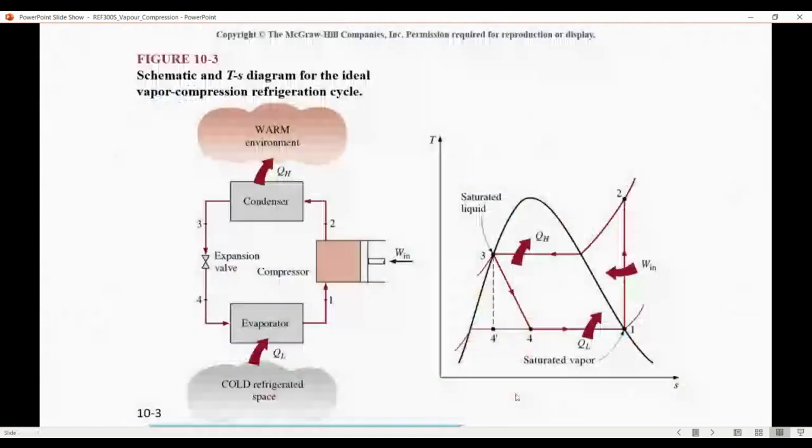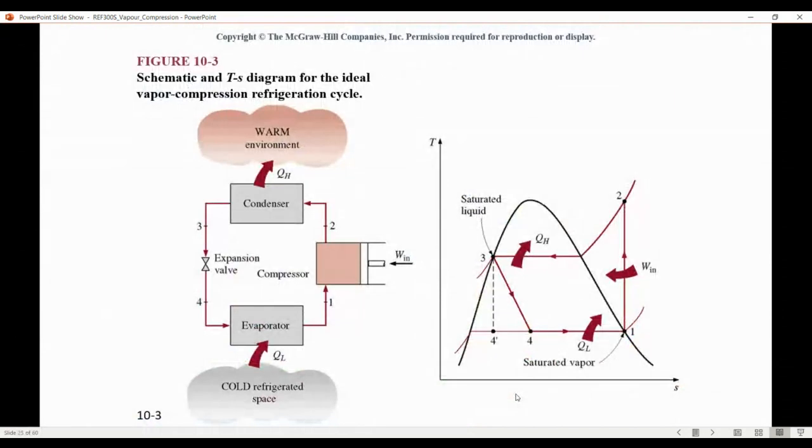Right. And where we want to head off is the thermodynamics. What we basically do is take the components and make a simple schematic. Between 1 and 2 is your compressor, 2 and 3 is your condenser, 3 to 4 is your expansion valve, and 4 to 1 is your evaporator.